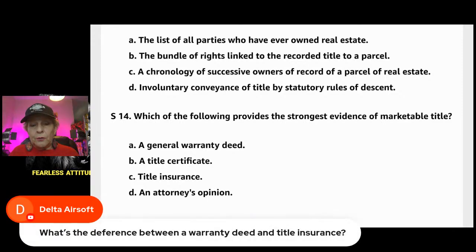Okay. So do you understand that, Delta? So a warranty deed, okay, is a security document on the property that the owner is conveying to a borrower. So only the grantor conveys it. And they have to have marketable title. So how do they find out if it's a marketable title? They do a title search. Not they, but the title company attorneys do a title search.